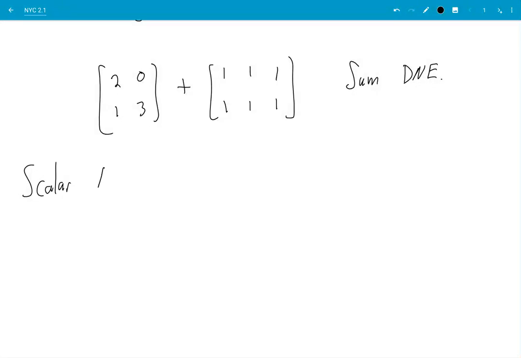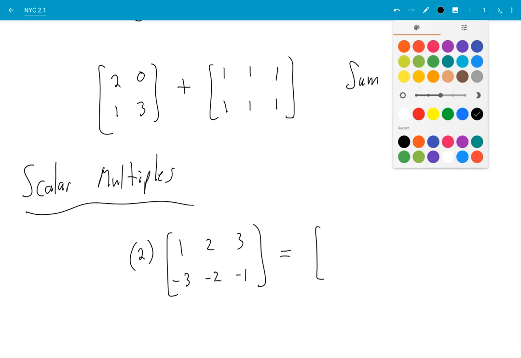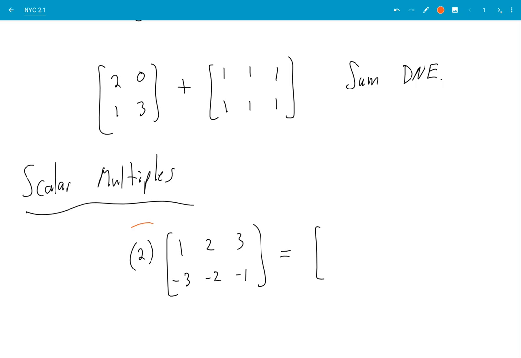Okay, scalar multiples. Okay, so again, you do the sort of obvious thing. If I have 2 times a matrix, 1, 2, 3, 4, minus 3, minus 2. So we're going to define the product of a real number with a matrix.